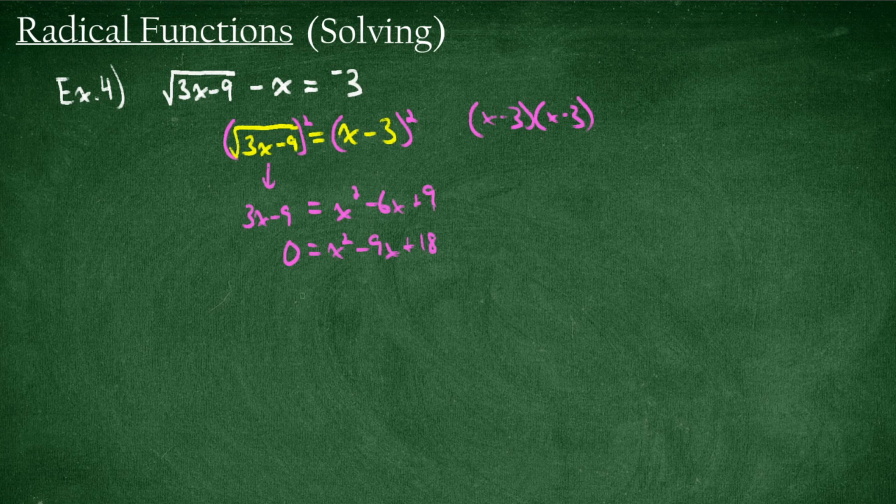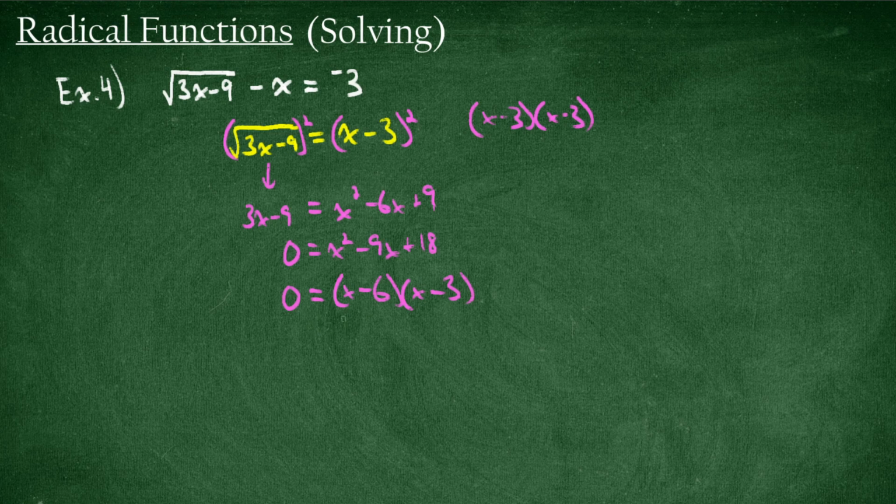And so we're going to see if we can use guess and check to factor this. I know it's going to be x and x in the front because it's just an x squared here. Now I need two numbers that multiply to positive 18 and add to negative 9. That is going to be negative 6 and negative 3. Negative 6 times negative 3 is positive 18, and negative 6 plus negative 3 is negative 9.